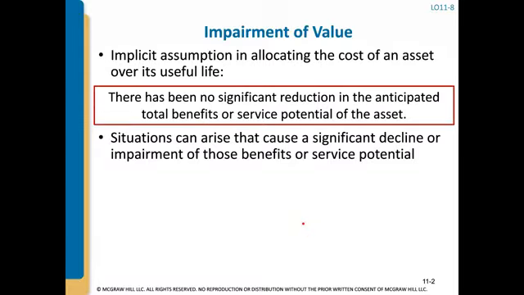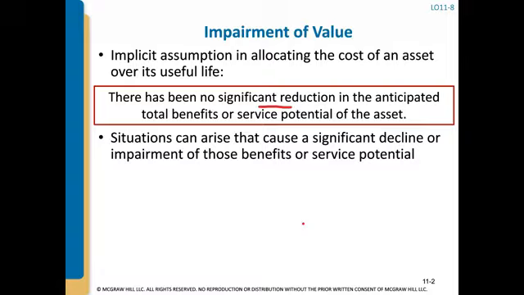When we purchase an intangible asset, the assumption is that the value we assign to it upon purchase will not go below the fair value of that asset. However, there are times when that does not happen and there can be a significant reduction to the anticipated benefits or service potential of the asset.